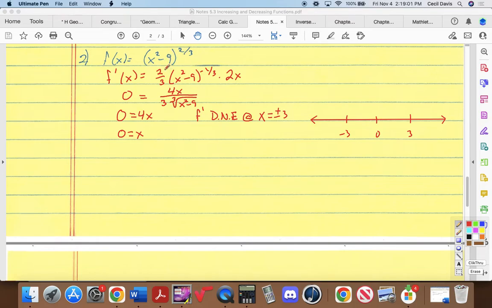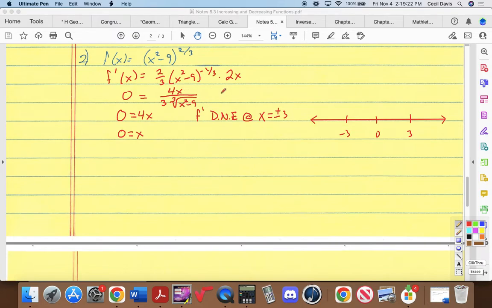So there's one other thing to notice though. You're like, wait a minute, this seems odd. If I substitute in negative 1, I'm taking the cube root. Oh, that'll work. I can take the cube root of a negative number, right?